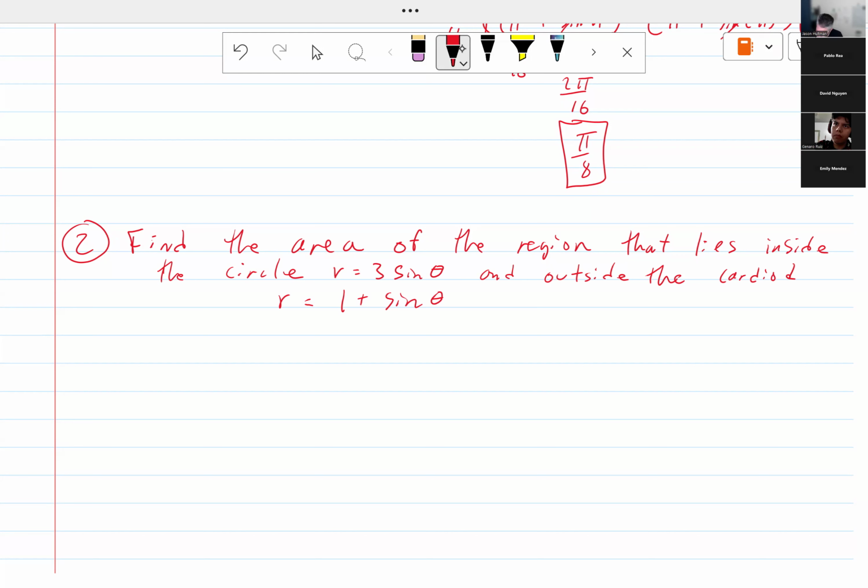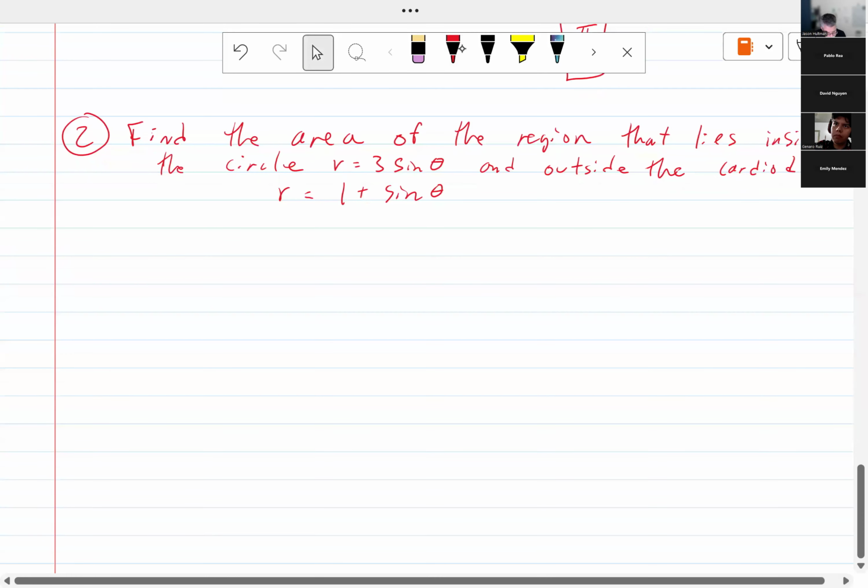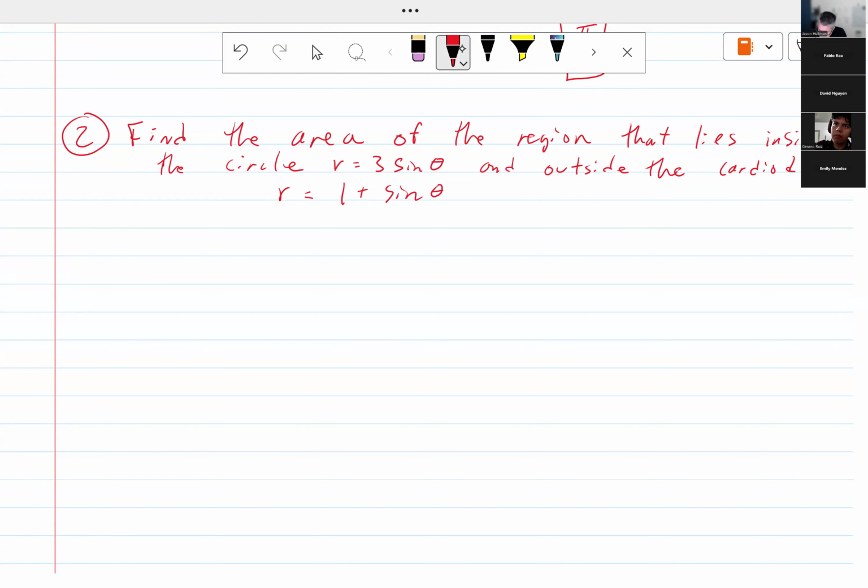So we've got a little picture to draw here. This r equals 3 sine theta is going to give me a circle of radius 1.5. It's always half of that number in front. Along the y-axis, the diameter is 3, not the radius.